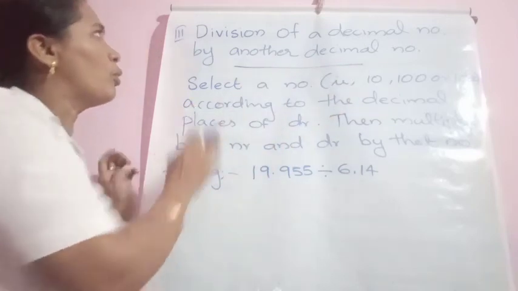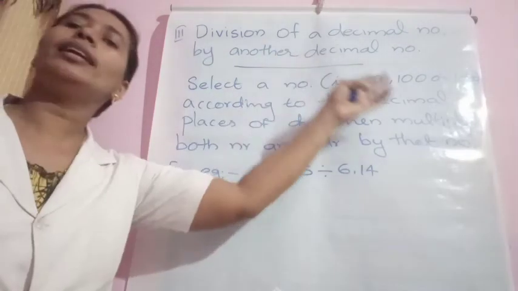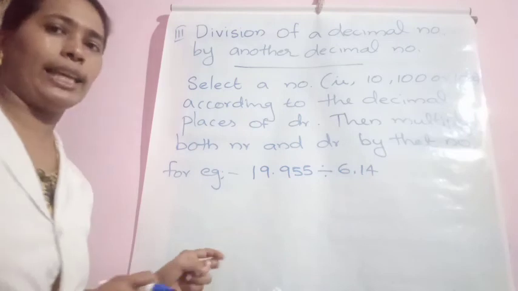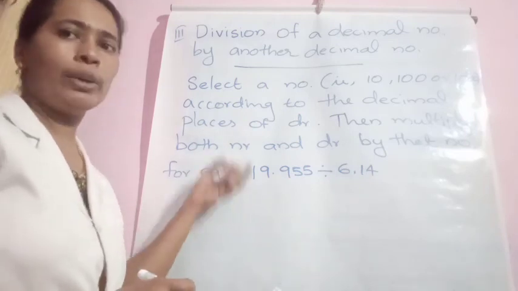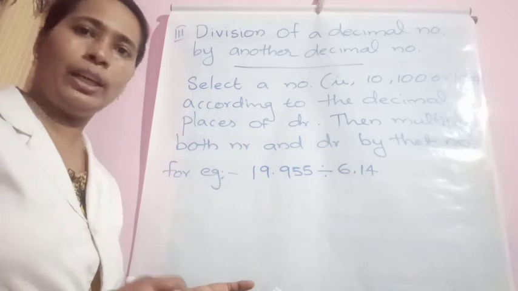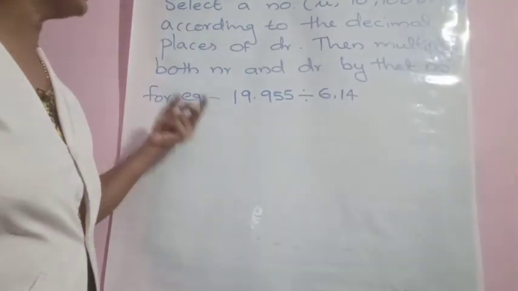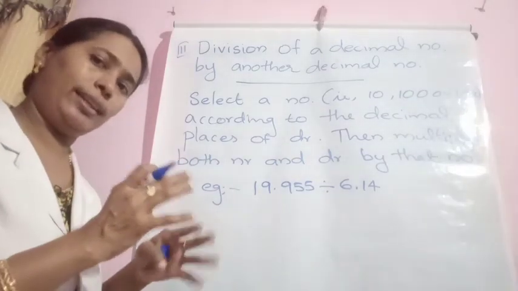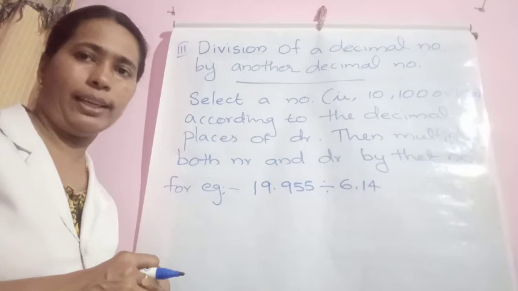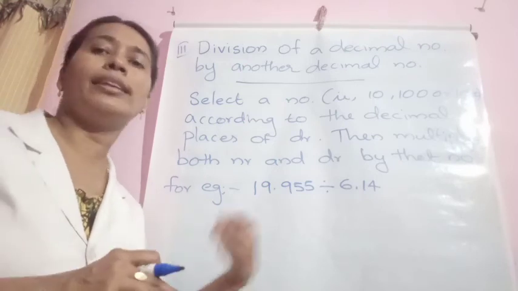Now let us move to our third case, that is division of a decimal by another decimal number. In this case, your textbook has given a method. I think this is the easy one for you. This is the commonly used method. Here we have to consider the denominator and find out how many decimal places are there in the denominator.